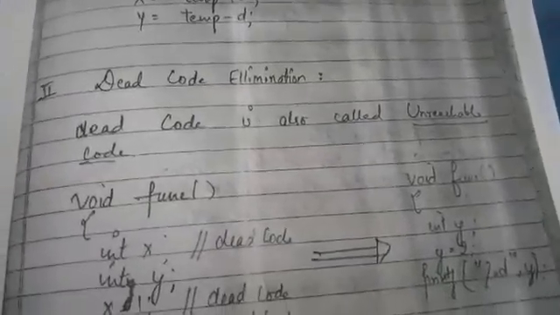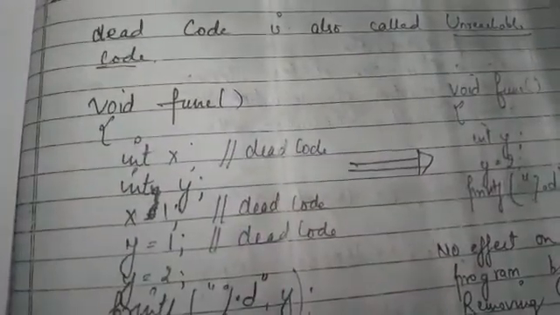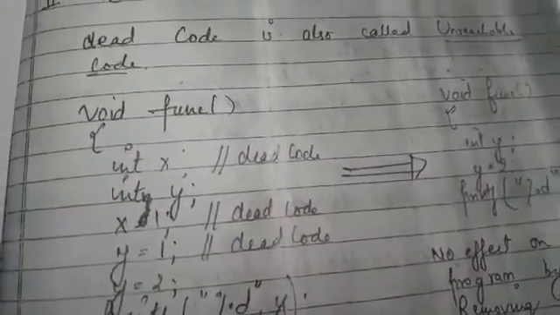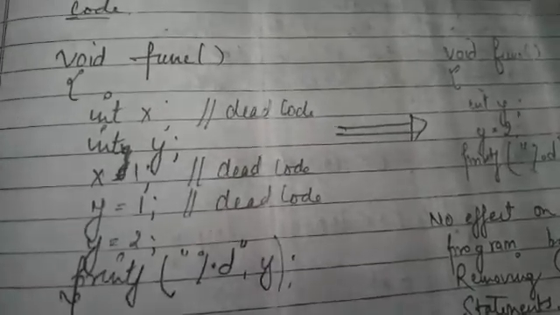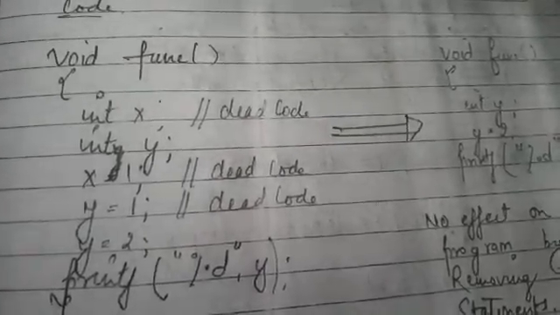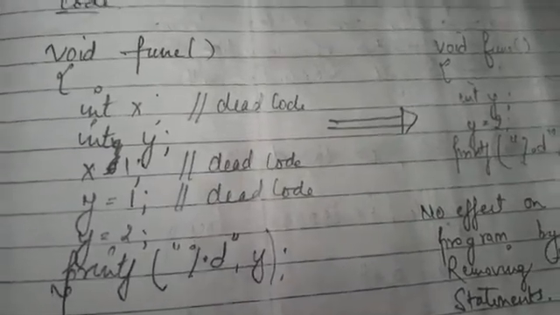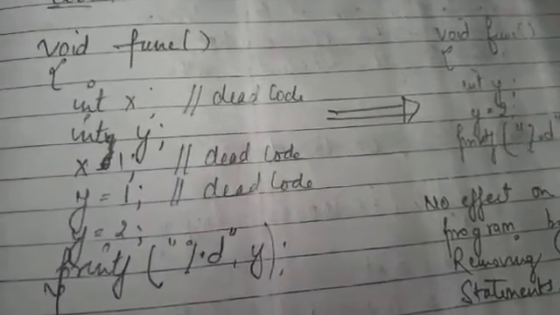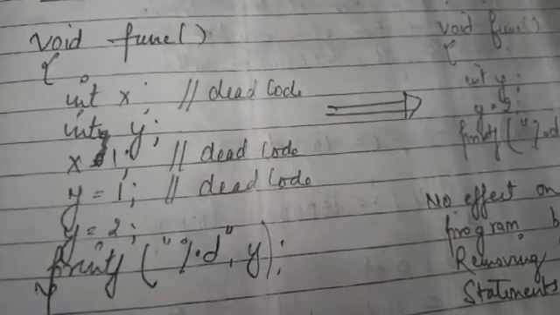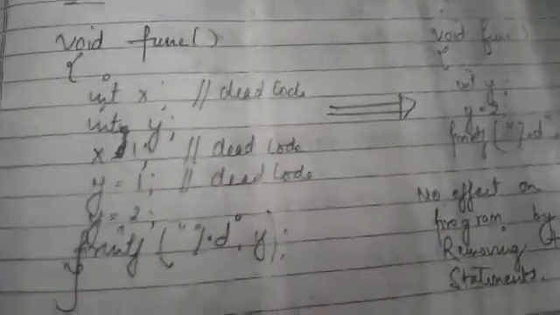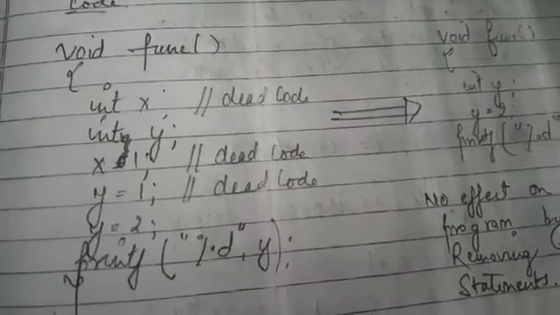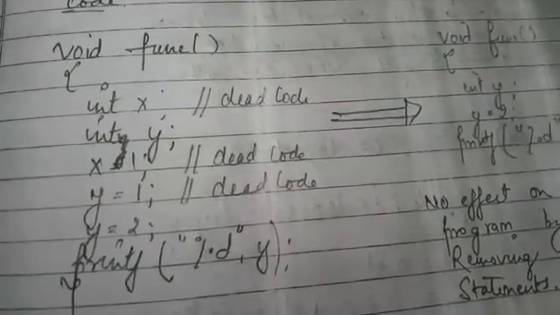Second is dead code elimination. Dead code is also called unreachable code. Like we have a C program, in a C program we have a void function, integer x, integer y, x equals to 1, y is equal to 1, y is equal to 2, print percentage d and y, right? Now here I have marked the dead code by comments.